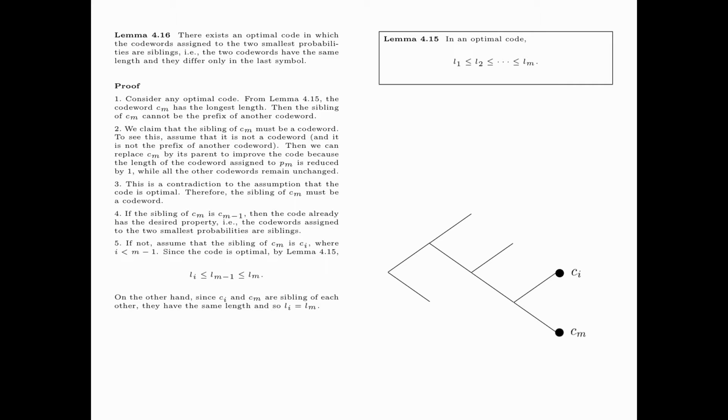On the other hand, since c_i and c_m are siblings of each other, they have the same length, and so l_i = l_m. Therefore, l_i = l_{m-1} = l_m. That is, c_i, c_{m-1}, and c_m all have the same length.